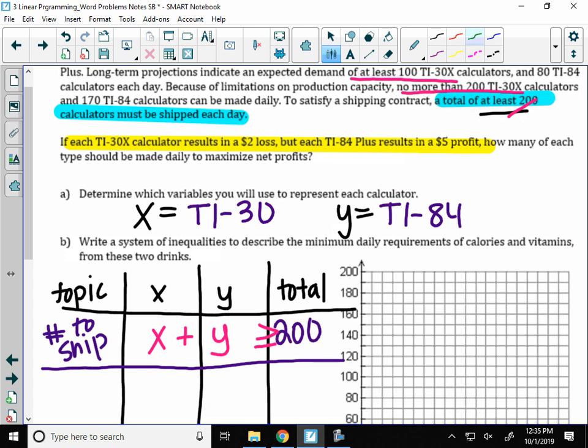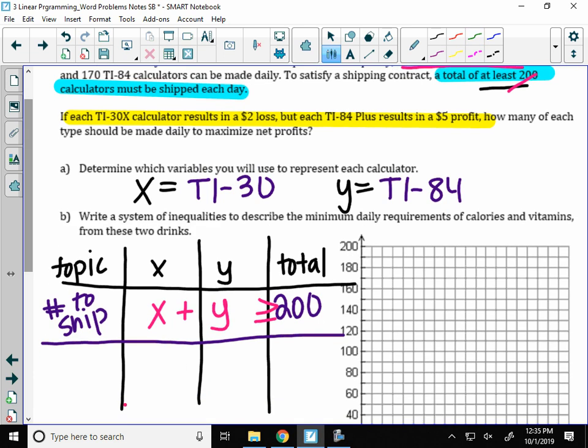Any way that you think you could put those together, it's going to be a little different. But, 100 is less than or equal to X is less than or equal to 200. So this is a compound inequality here. There's not going to be a total for this one. I have to make more than 100, but less than 200. This is the total to make.